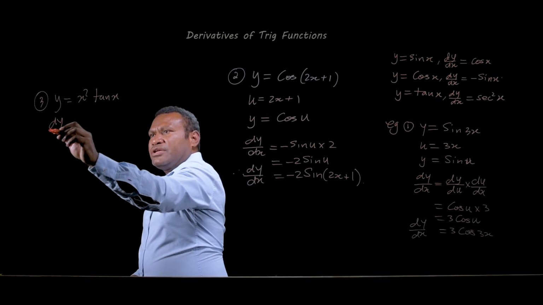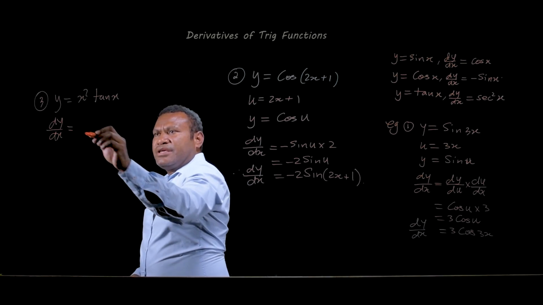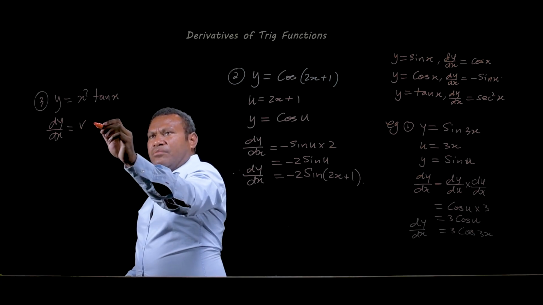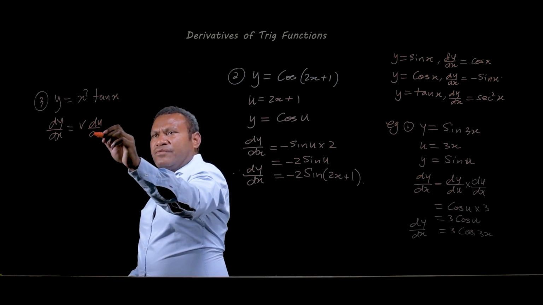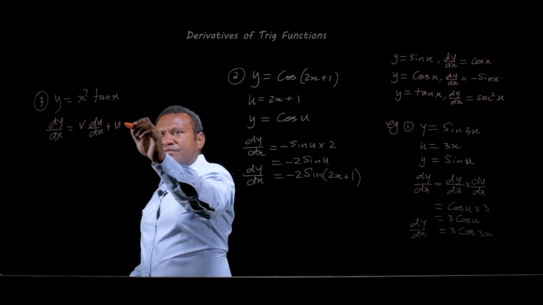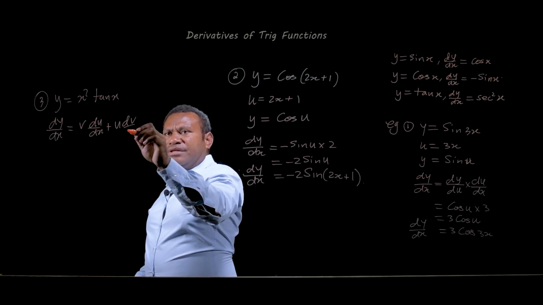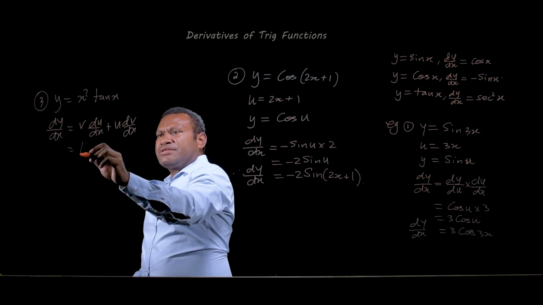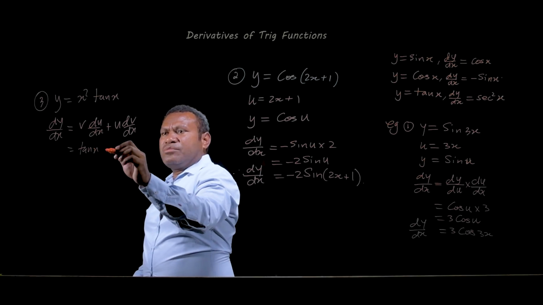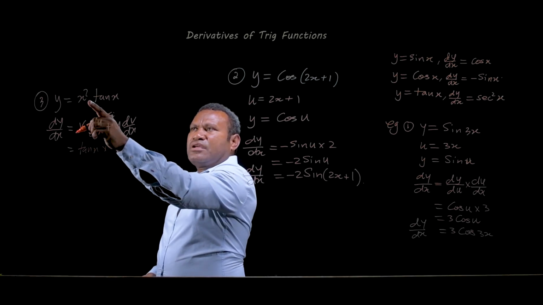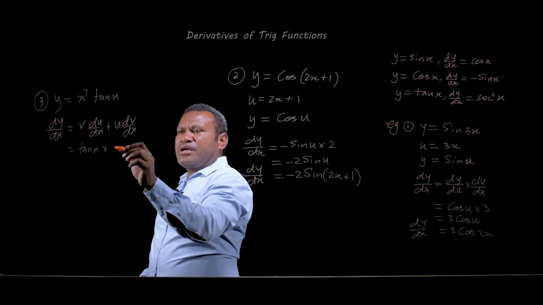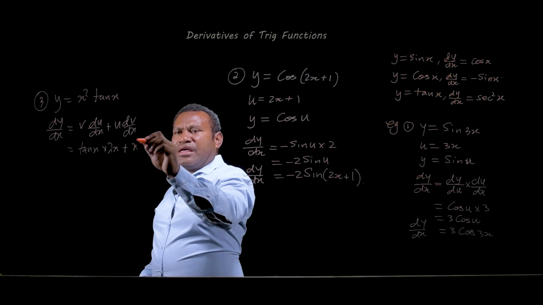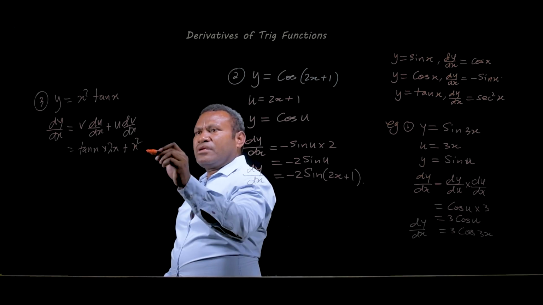The product rule is v multiplied by du over dx plus u multiplied by dv over dx. So v is the second function, tan 10x, multiplied by the derivative of x squared, which is 2x, plus u, which is x squared.